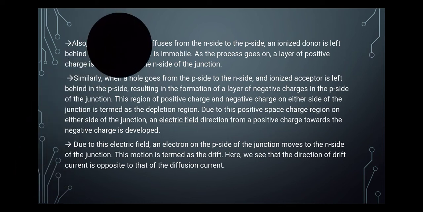Due to this electric field, an electron on the p side of the junction moves to the n side of the junction. This motion is termed the drift. Here we see that the direction of the drift current is opposite to that of the diffusion current.